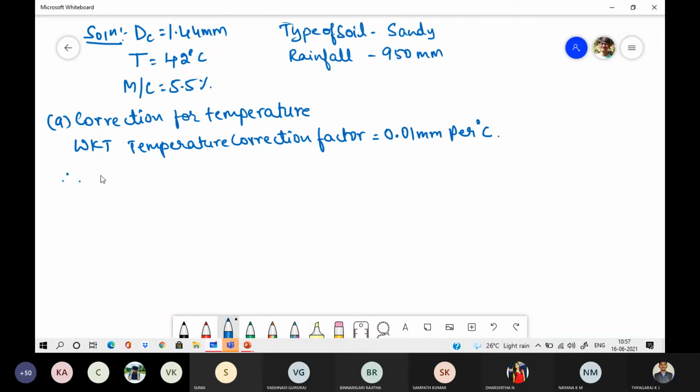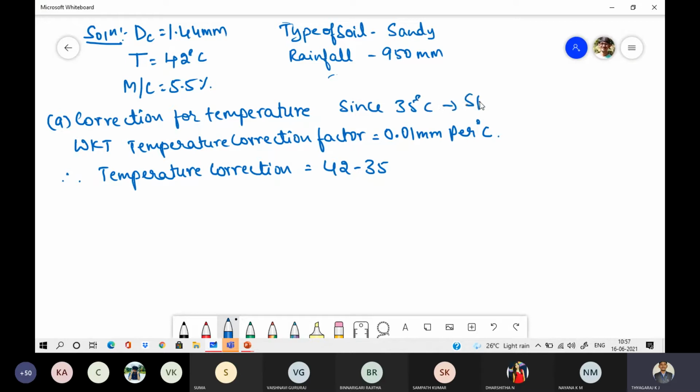Therefore, temperature correction is equal to 42 minus 35, since 35 degrees Celsius is the standard temperature. So how much are you going to get? 7 into 0.01, that is 0.07 mm.